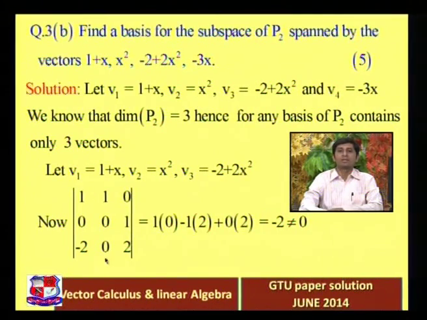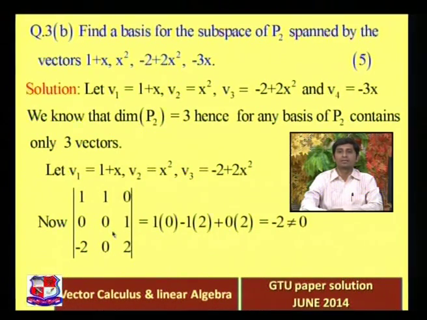Now the third row is coming from the third polynomial. The constant term is minus 2. This 0 is because the coefficient of x is 0, right? And the coefficient of x square is 2. So that's why the third row is minus 2 0 2, with 1 1 0 and 0 0 1 above it.